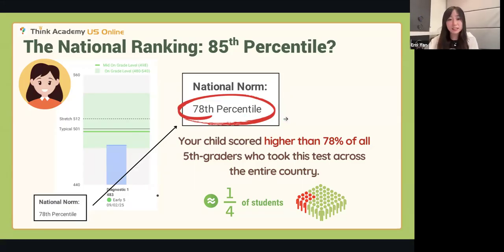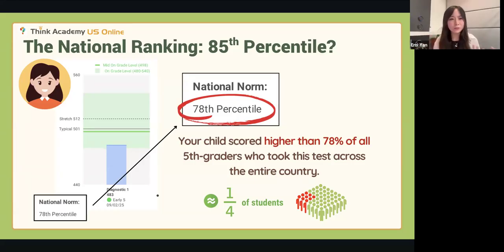And what does this 78th percentile mean? Let's take a closer look. That means I scored higher than 78% of all the 5th graders who took this test across the entire country. So it's like competing with all the other 5th graders, people at the same age.